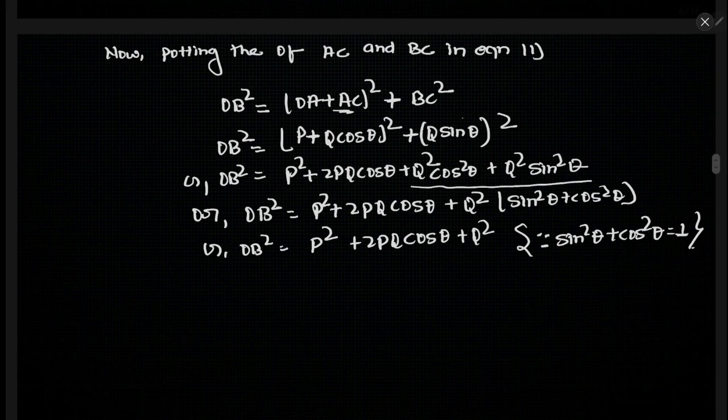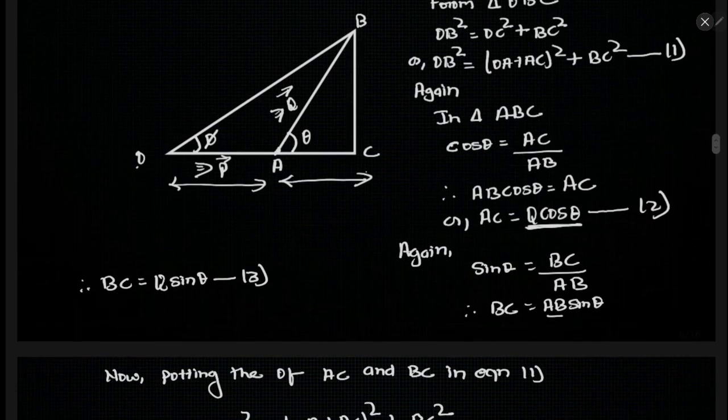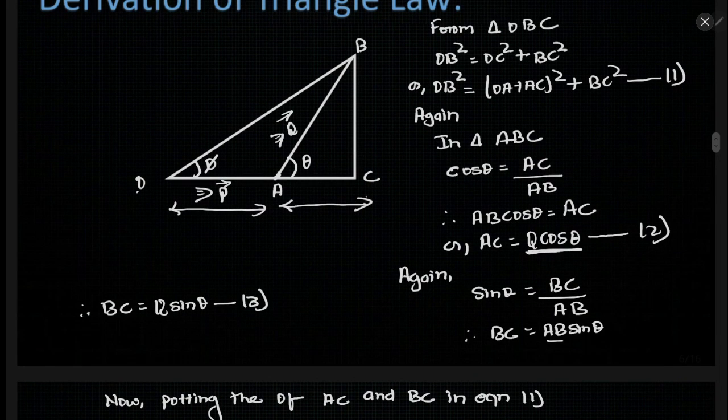And here in this triangle OAB, this OB is our resultant R.